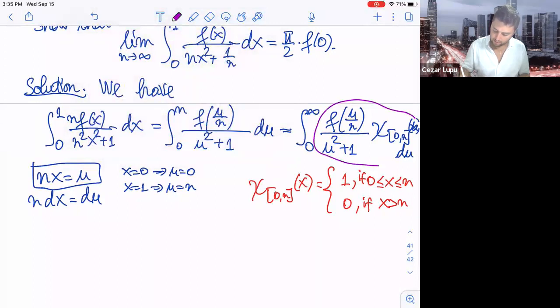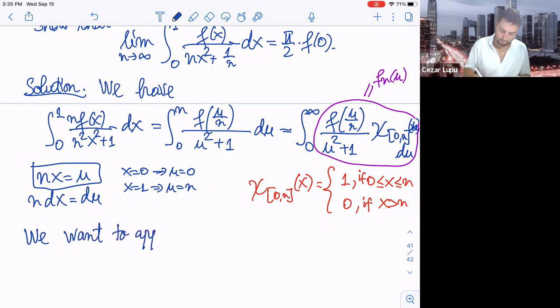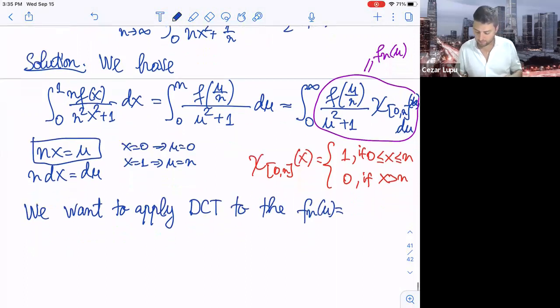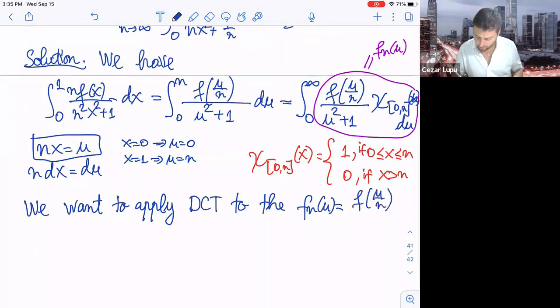Look at this guy here as my fn of u, and we would like to apply the dominated convergence theorem to the sequence of functions fn of u, which is given by this, f of u over n over u squared times chi of x on 0 n.